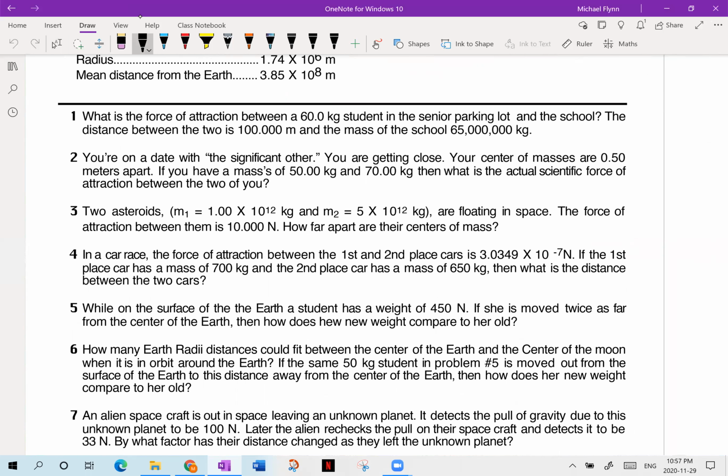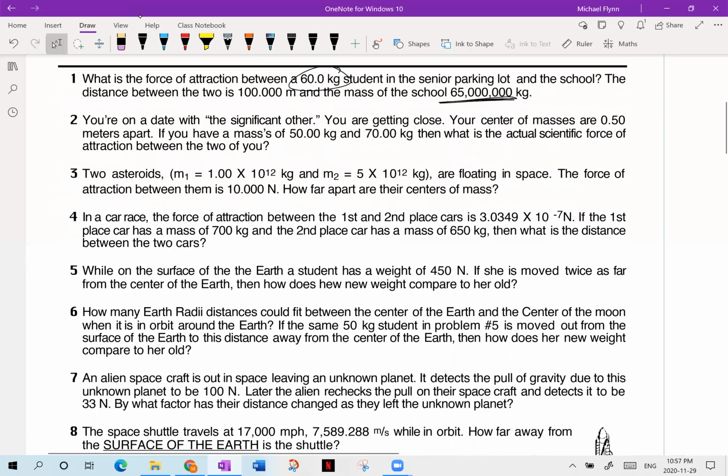Let's say you're 100 meters from the center of mass of the school, and the school is 65 million kilograms, 65,000 metric tons. Yeah, maybe. It's a big school, but yeah, building size. And you're this paltry 60 kilograms. Anyway, work it out. You're attracted to the school. Get over it. It's the truth.